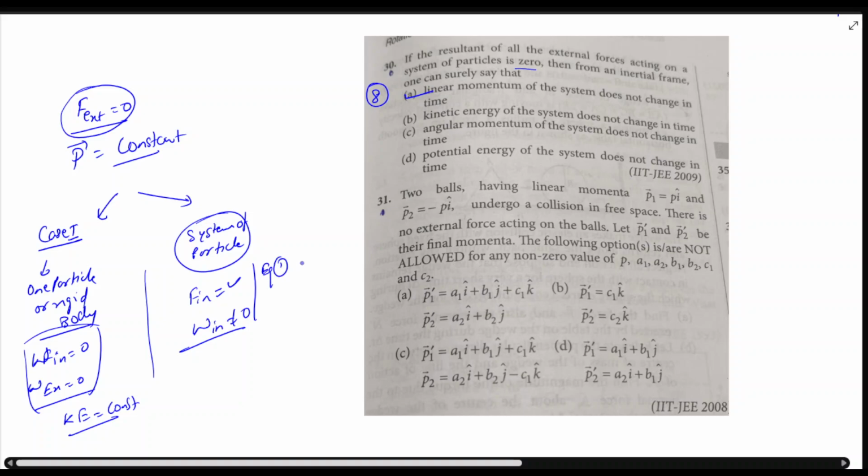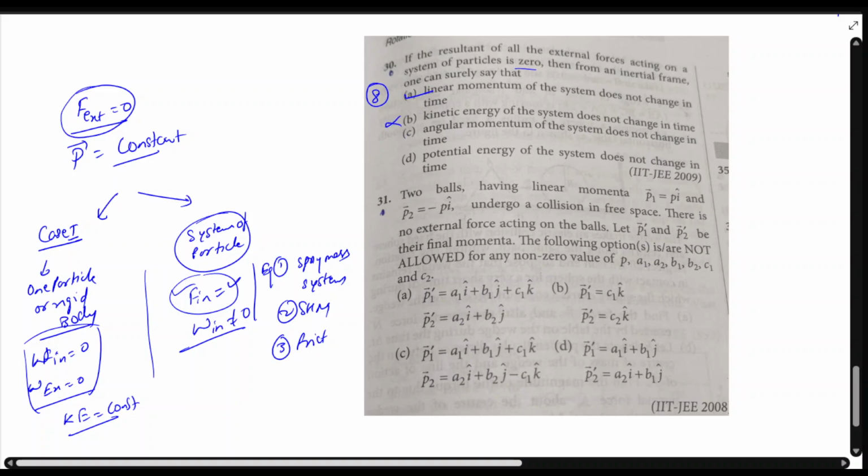The first example is a spring mass system, right? Second, SHM, right? Third, friction. In these cases, there are internal forces in the system which do work. So kinetic energy will not remain constant, it will change. So this option is wrong, right?